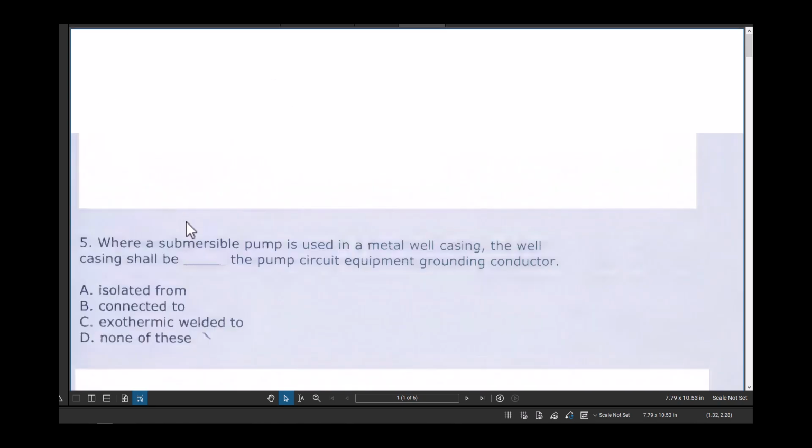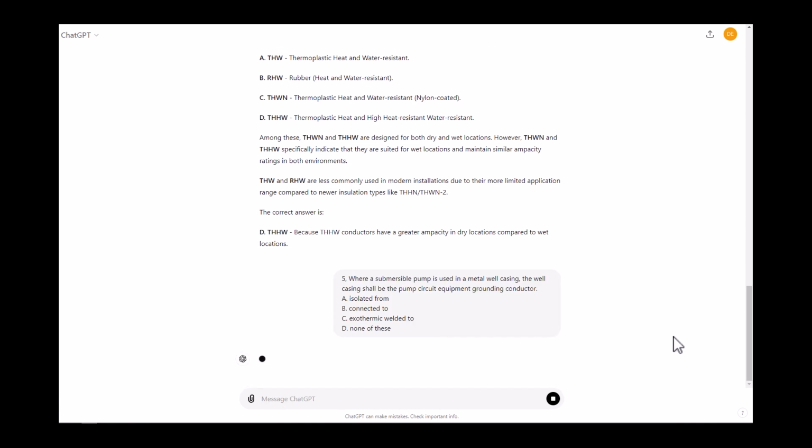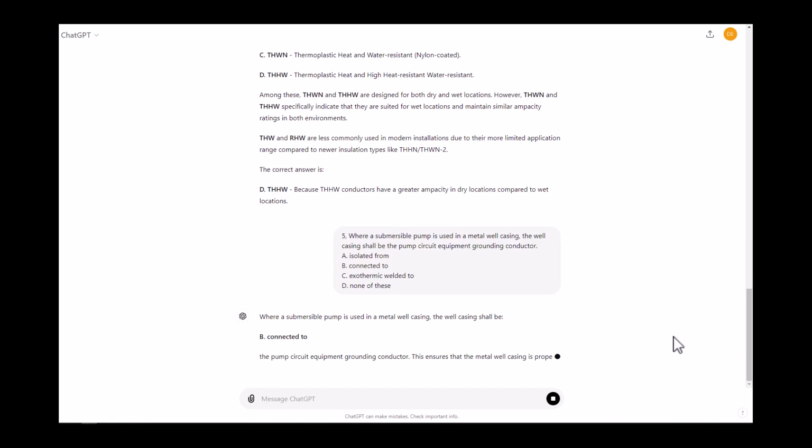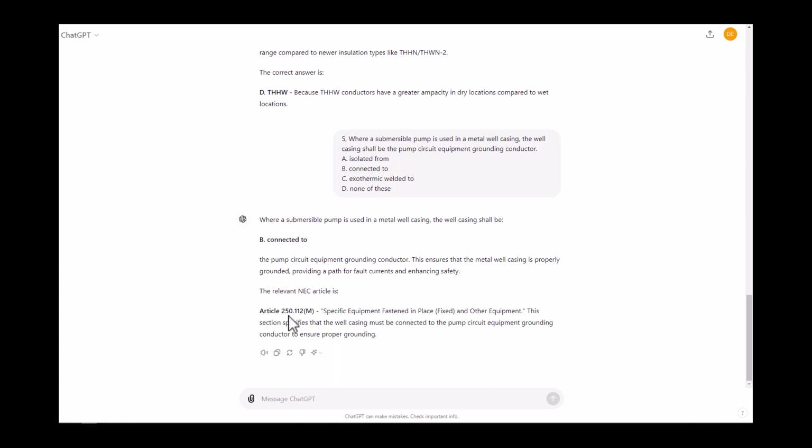Then based on what we see, it should be connected to the pump circuit, so B is the correct answer. Let's go to ChatGPT, see what we have. I already put the question here. It says be connected to, which again refers us exactly to where we found the answer. See you guys in the next question.